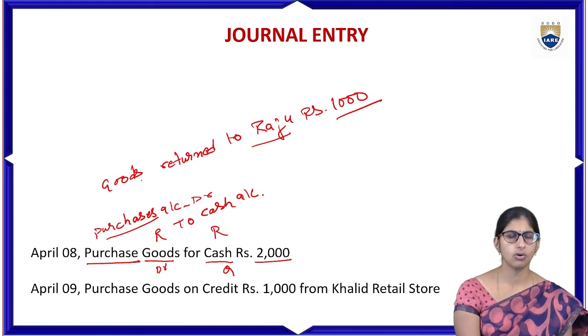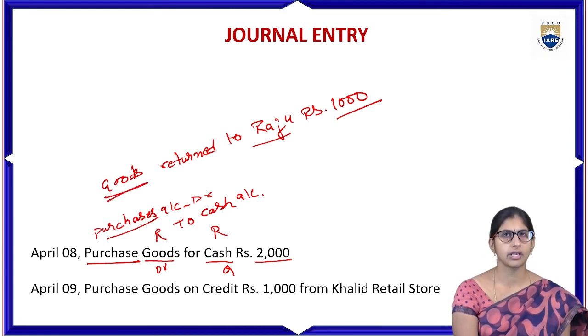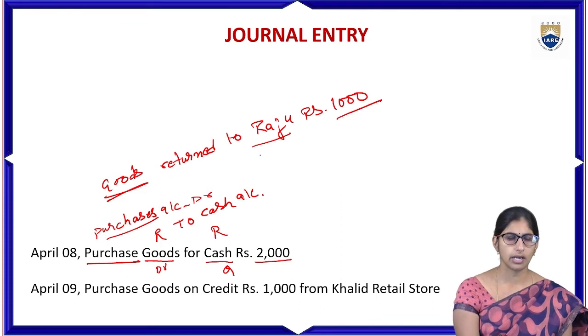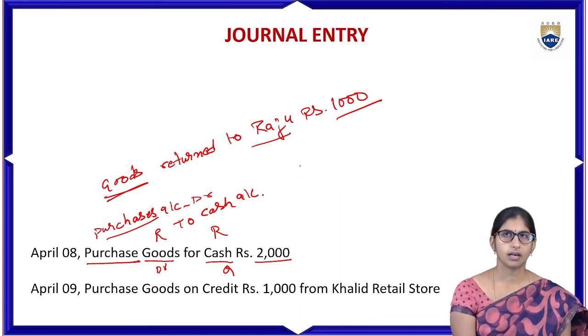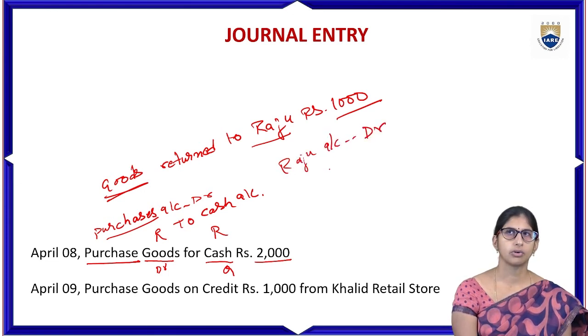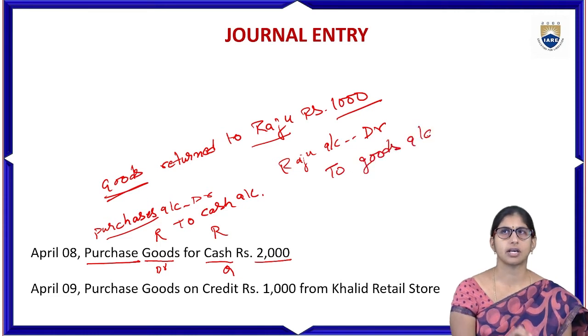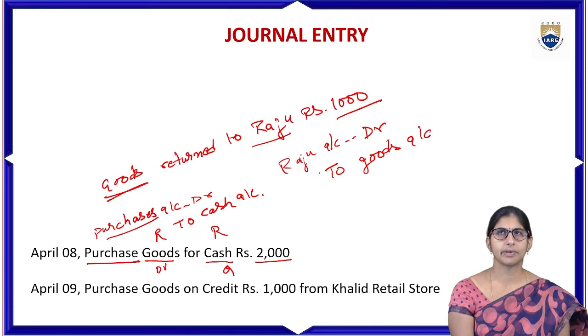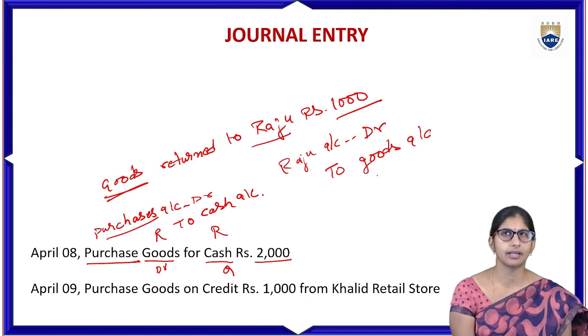So I will not know here again what to write. For example, Raju account debtor to goods account, I should write as the journal entry. But if I write Raju account debtor to goods account, there will be great confusion.